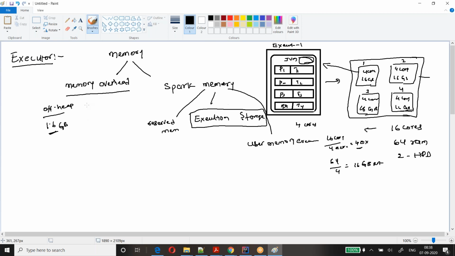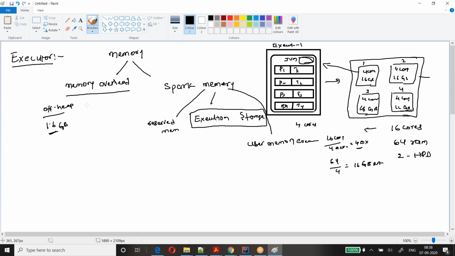Internally, it will consider. Suppose when you are calculating memory for your Spark executor memory, we will allocate the executor memory. Our idea should always be to keep 10% aside.